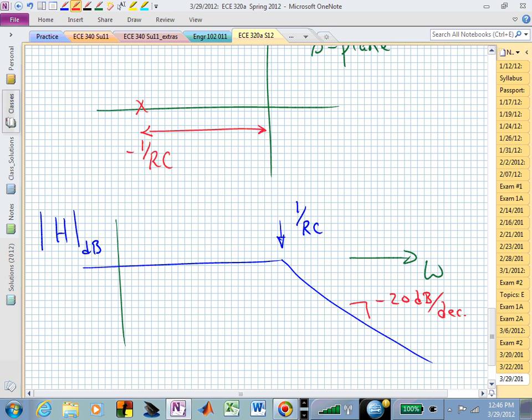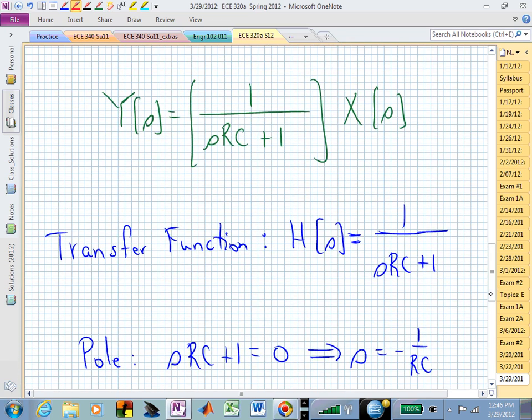Okay, the question is, we found our pole to be minus 1 over RC, and this is sort of the beauty or confusion with working in the frequency space. In reality, what are our frequencies? We know we don't have negative frequencies. Let me just show you some equivalent ways of writing this.